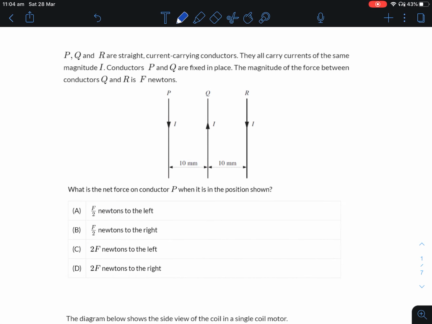Looking at the very first question, we see that this is a case of parallel current carrying conductors. We're told that these three parallel conductors carry the same current, as we can see here. P and Q are fixed in place, and the magnitude of the force between the conductors Q and R, so these two on the right here, is F newtons.